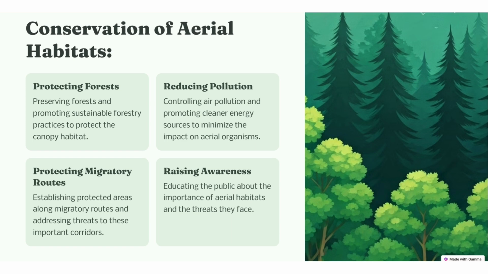And we also have protecting migratory routes, establishing protected areas along migratory routes and addressing threats to these important corridors, and raising awareness. So, educating the public about the importance of aerial habitats and the threats they face.